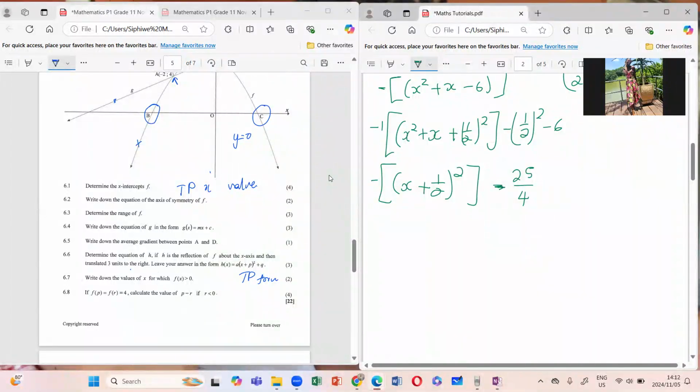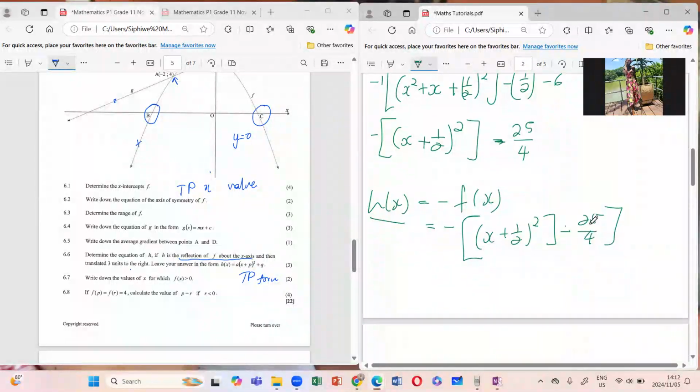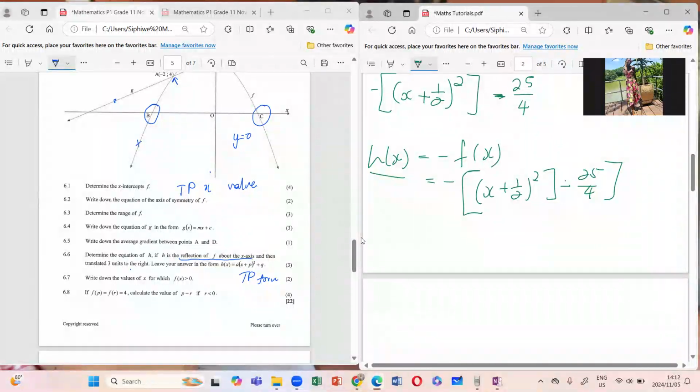Then let's now go to the transformation. So the first transformation is that we reflect about the x-axis. So h of x becomes equal to minus f of x, so minus of the whole thing. I want to do them one by one so that you don't get confused with making multiple changes in the same step. So the negative outside will make the square bracket negative and the constant positive.